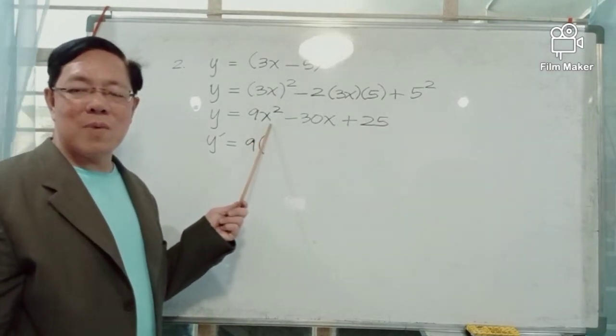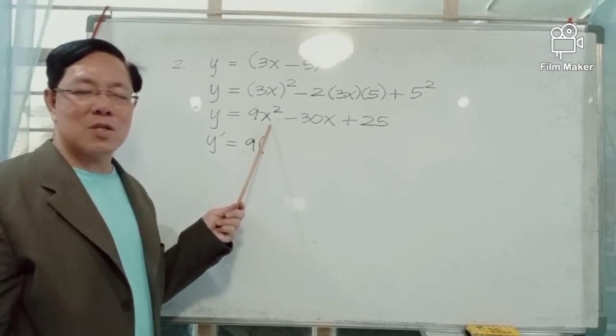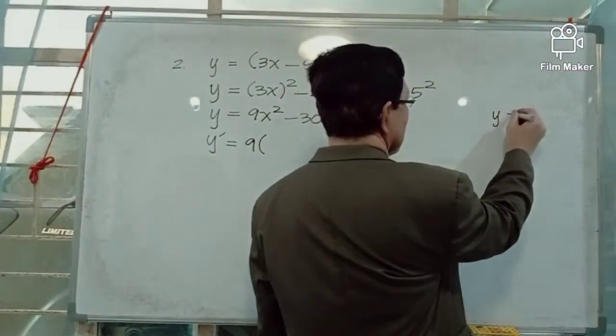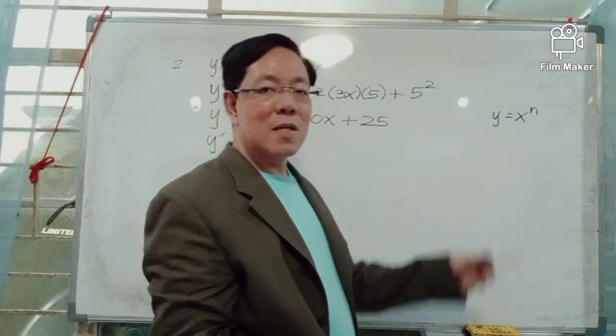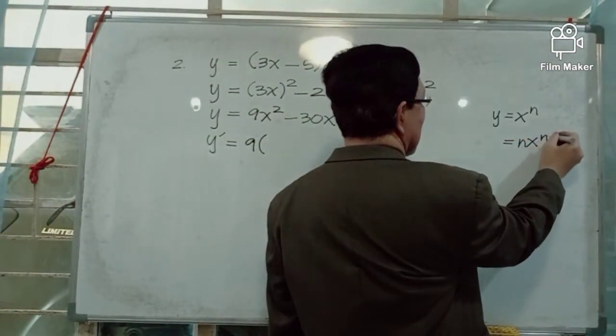To get the derivative of x squared, we apply the first theorem for differentiation. The derivative of y equals x to the n is given by n times x to the power n minus 1.